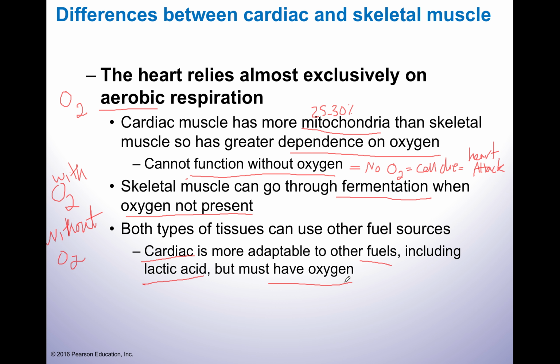So both of them are relatively flexible as far as the fuel for energy goes, but cardiac muscle cells must have oxygen present to produce the energy from the fuel, while skeletal muscles can use either fermentation in the absence of oxygen or an aerobic reaction in the presence of oxygen.